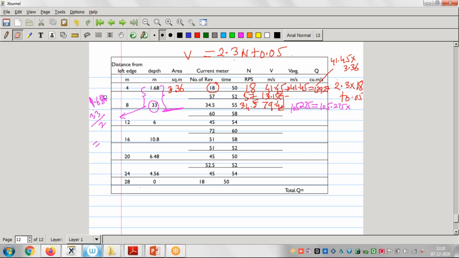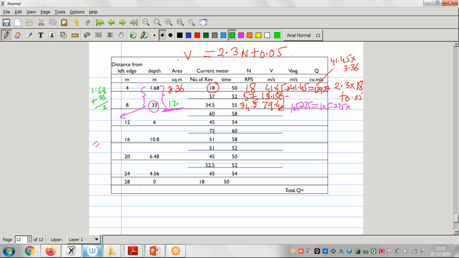Are you getting my point? Yes, 17.34. Are all of you getting the same answer? See, we are taking the average of these two, 1.68 plus 33 divided by 2. So we are getting 17.34, right?